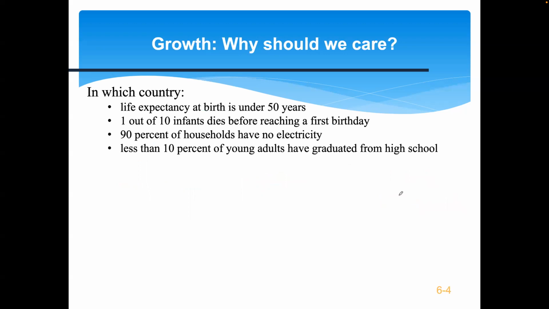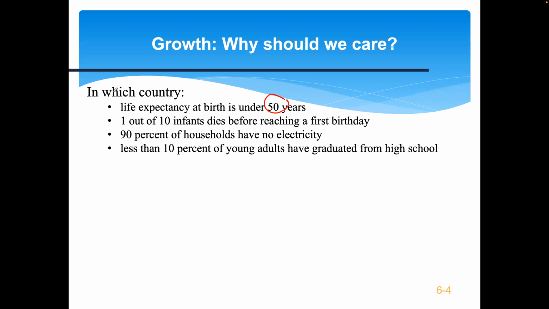Let's start with some basic facts. Just imagine we see a country with the following characteristics. In this country, life expectancy at birth is under 50 years, meaning someone who's born is expecting to live for 50 years.